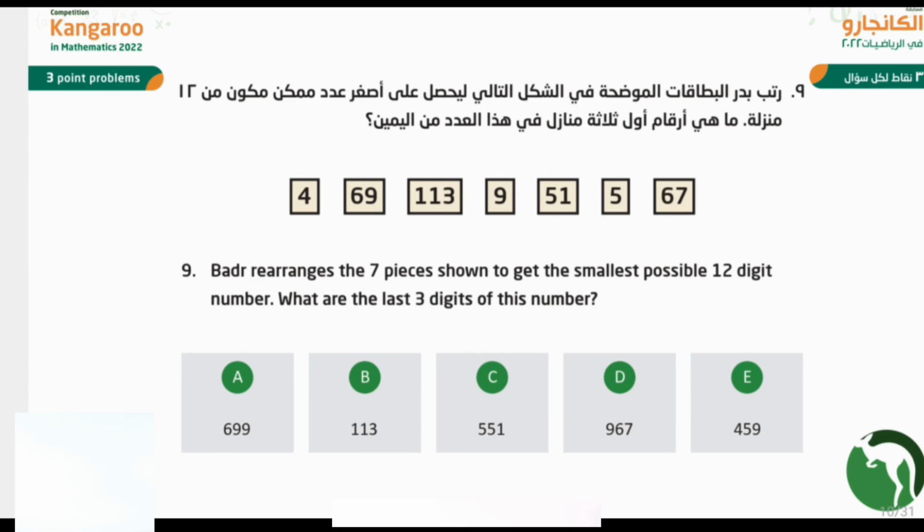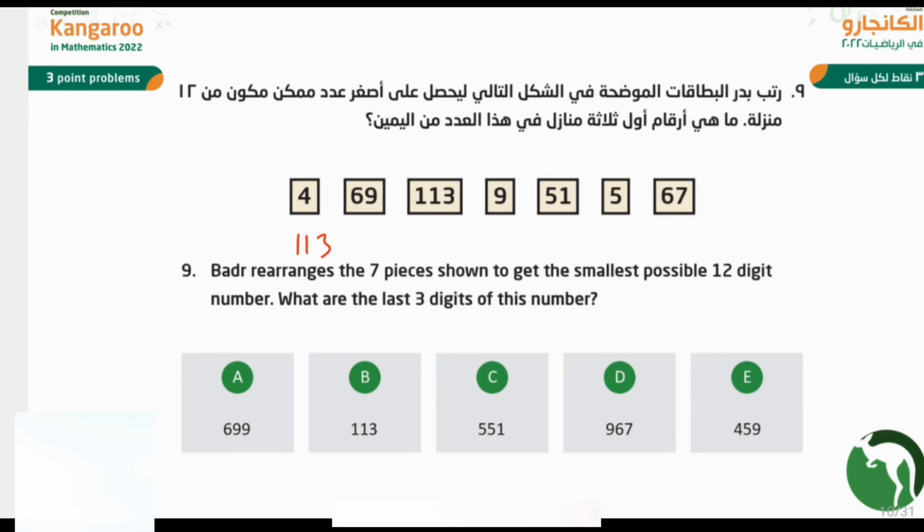In question number 9, Badr rearranges the 7 pieces shown to get the smallest possible 12 digits number. What are the last 3 digits of this number? Okay, so let's try and start with the smallest numbers and put them at first. So now we have 113, so we will put 113.